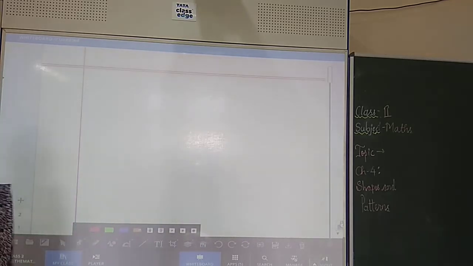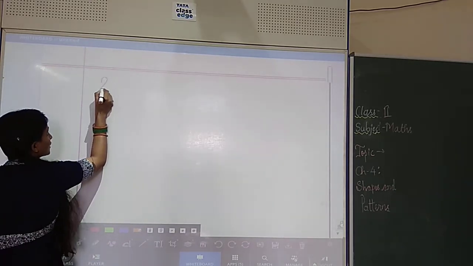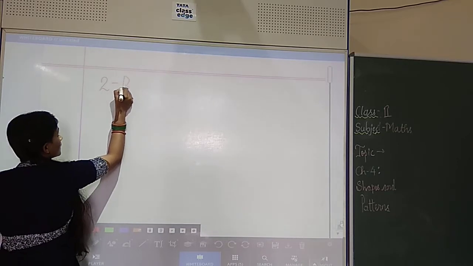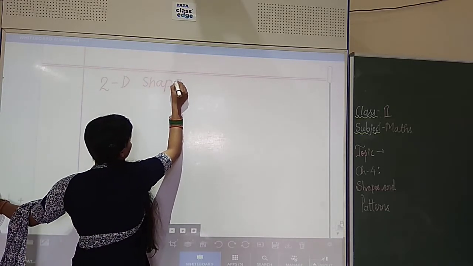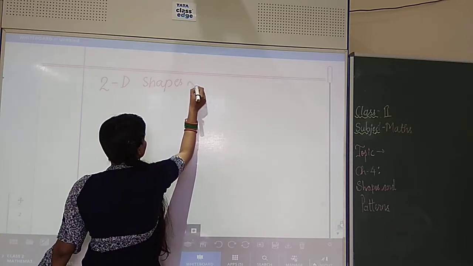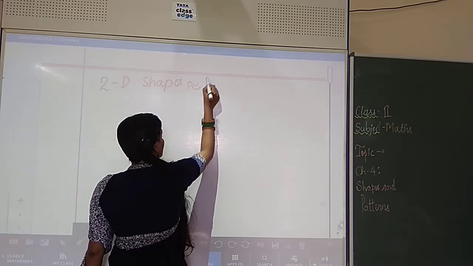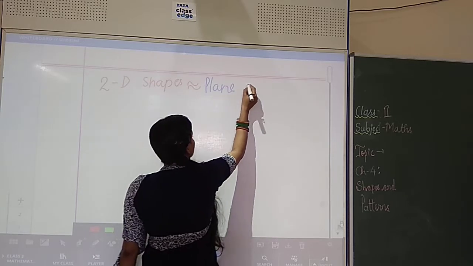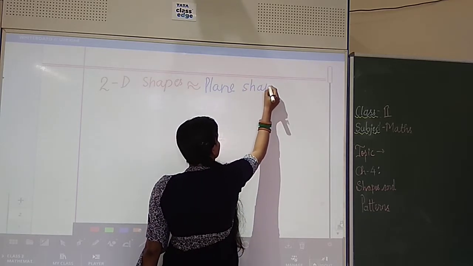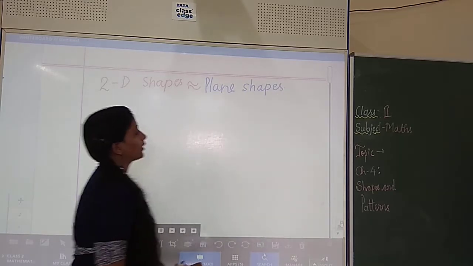Okay? Now, let's see. Two-dimensional shapes. Are you clear with two-dimensional shapes? 2D shapes we are studying. What are the 2D shapes? They are also known as plane shapes. Okay.